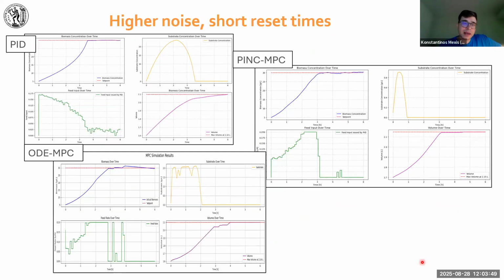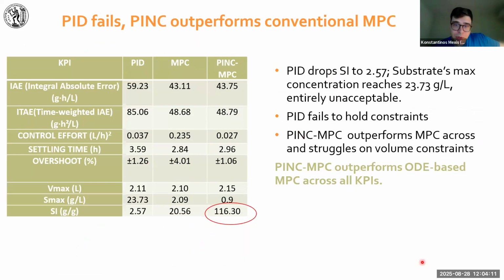Here we see a similar experiment, but with higher levels of noise. Again, with PID, the system becomes unstable as substrate concentration rises to unacceptable levels and feed input becomes erratic. ODE-based MPC improves on PID, but still struggles with oscillation and constraint handling. Again, PINN MPC outperforms other methods across all KPIs.